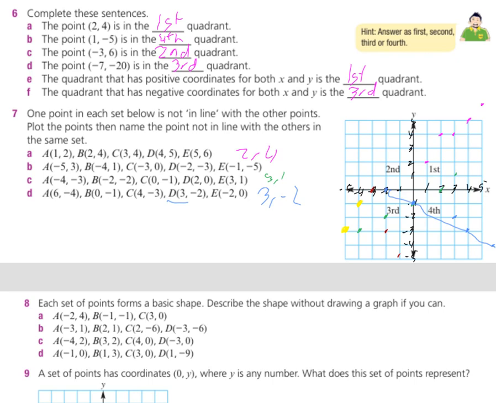Minus 3 and 0. And then you go all the way to 2. Hang on, what did I just do? Yeah, minus 3 and 0. Then minus 2, minus 3. So that's minus 2, minus 3. And then it is minus 1, minus 5.